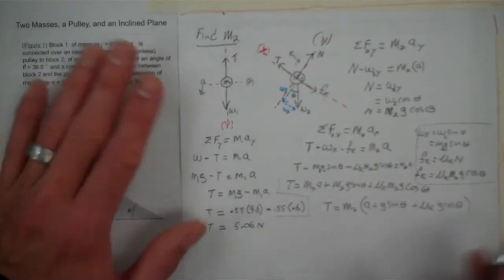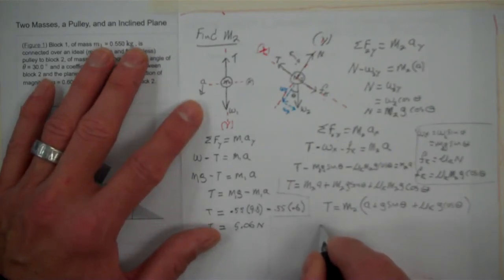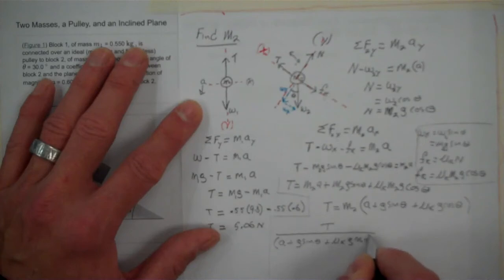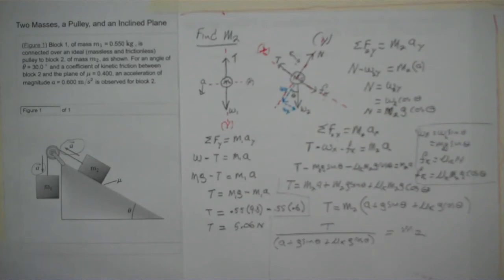Good. All positive. It's done. All right. Divide that term over. T divided by this big thing, a plus g sine theta plus mu k g cosine theta, that's going to equal m2. Okay, now we plug all those things in and see what happens.